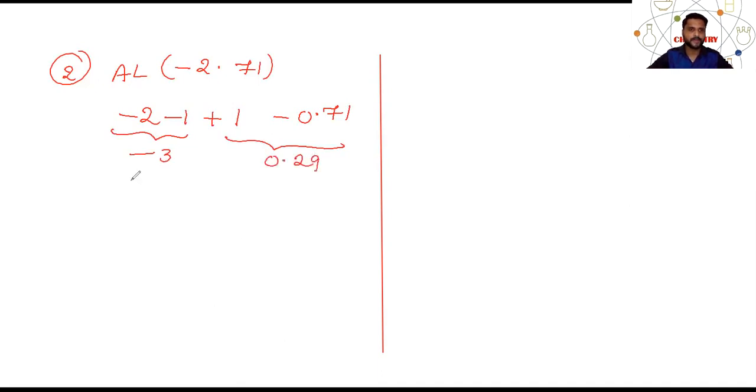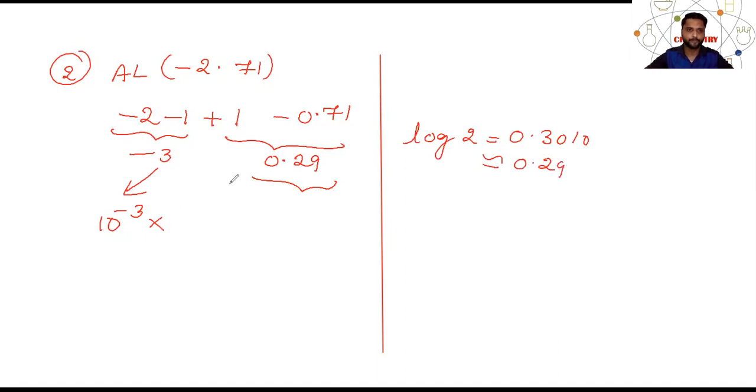So -3 becomes 10 to the power -3. Multiply log of which value is equal to 0.29. Very simple. Log 2 is equal to 0.3010. So we have got very closer value 0.29. So let me take 2. Therefore, final answer is 2 into 10 to the power -3.